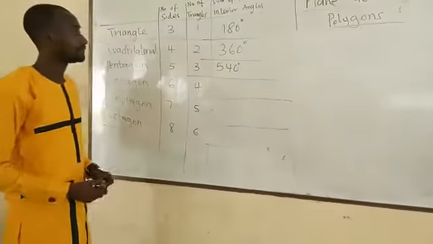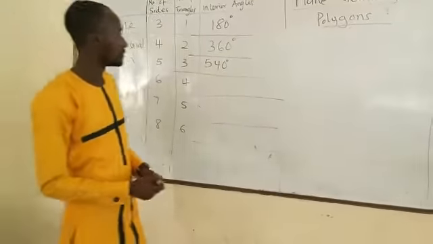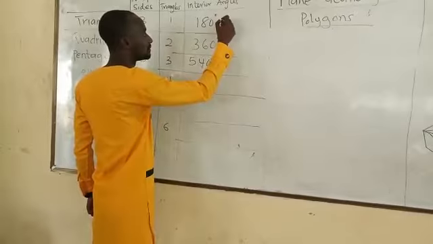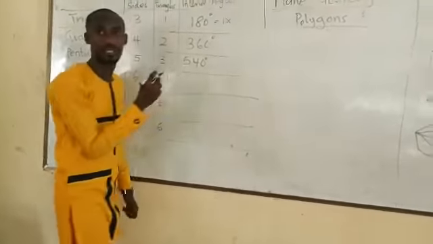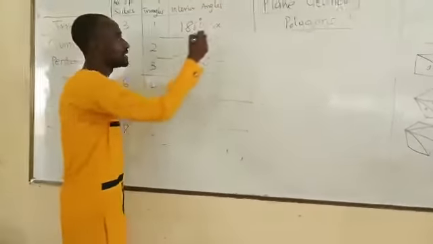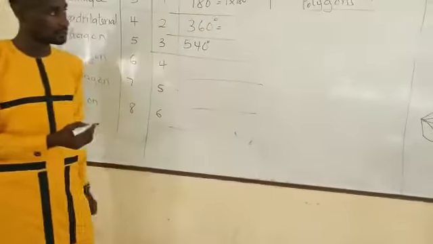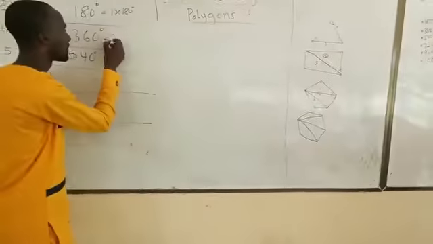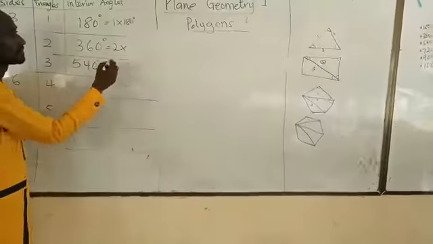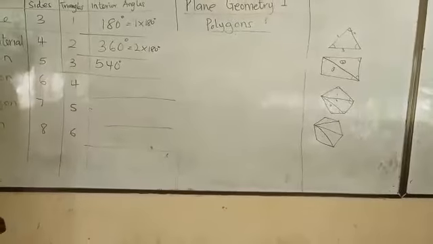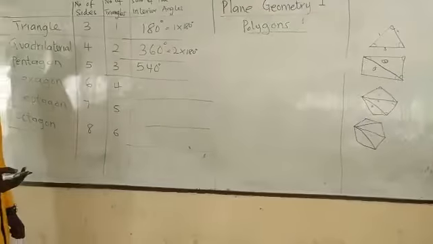I can continue for the others also. I can also write this that I saw one triangle and each triangle's interior angles add up to 180. This one I saw 2 triangles. And if I multiply each by the sum of the interior angles of 1, I can get the 360.